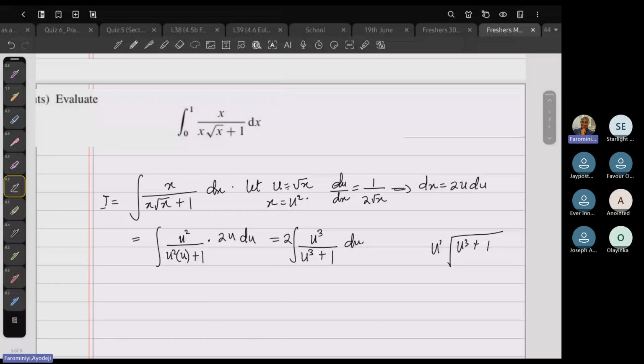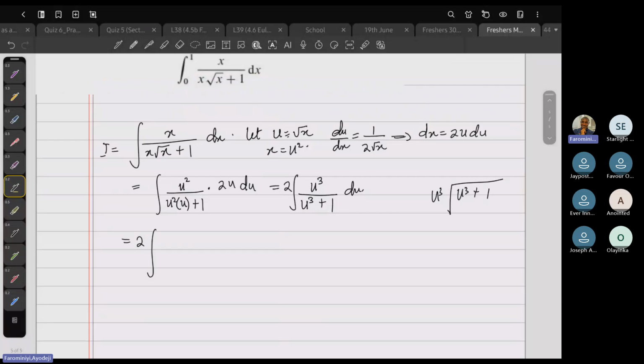And how do we maneuver? I'll do the long division as well, but if you want to maneuver, you can say this is u cubed plus 1 minus 1 over u cubed plus 1 du. You see what I'm trying to do there? I want to split this into u cubed plus 1 over u cubed plus 1 minus 1 over u cubed plus 1 du.